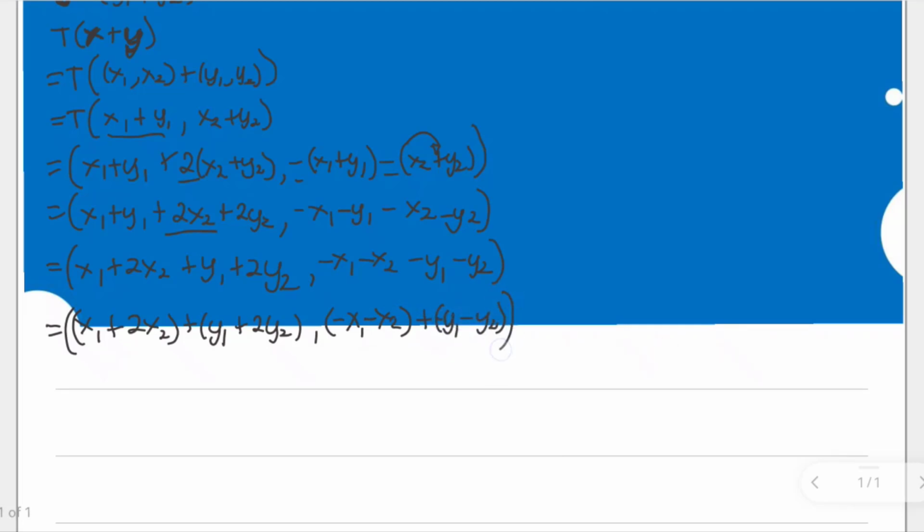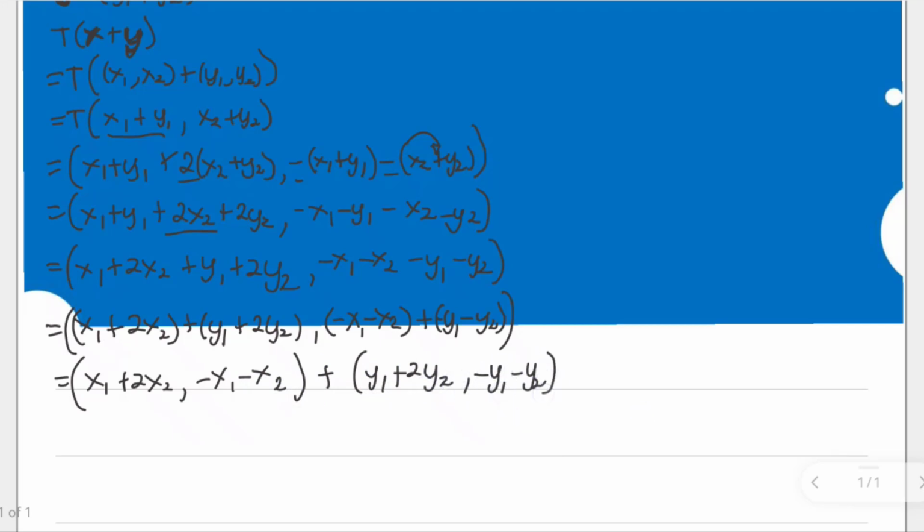Then we group the entries for x and y. You will have x sub 1 plus 2x sub 2, and negative x sub 1 minus x sub 2, plus y sub 1 plus 2y sub 2, negative y sub 1 negative y sub 2.